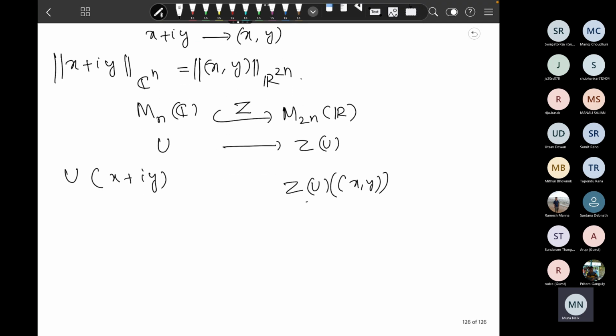One thing you should always remember in your mind: here I have written (x, y) in the form of a row vector.